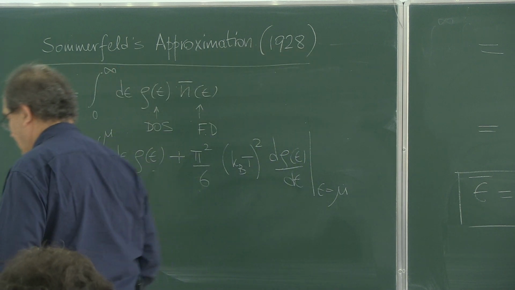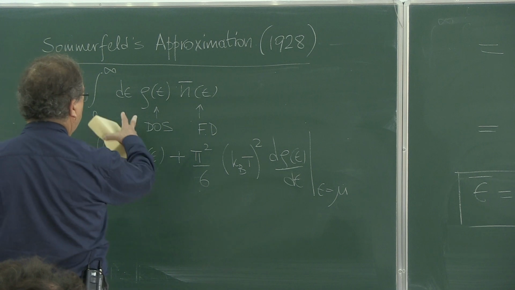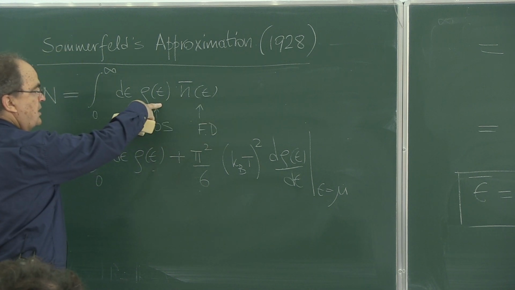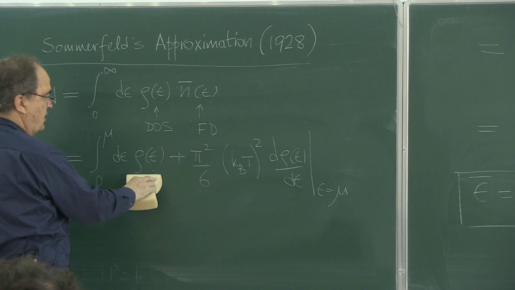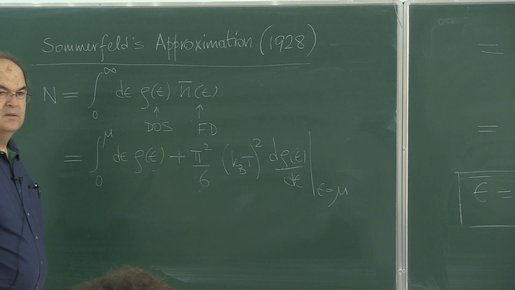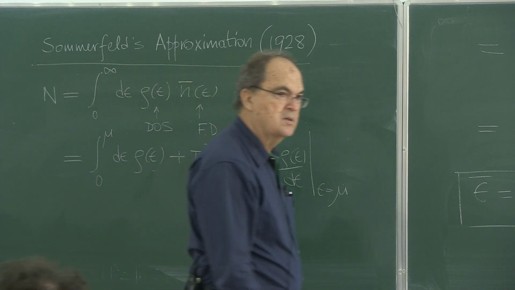Okay. Let's calculate this. Well, the function here, multiplying Fermi-Dirac, is just the density of states. That's why I keep the density of states. Phi is the density of states here in the approximation, isn't it?